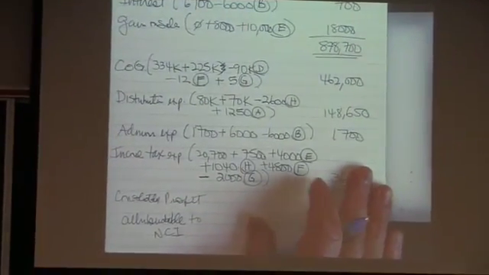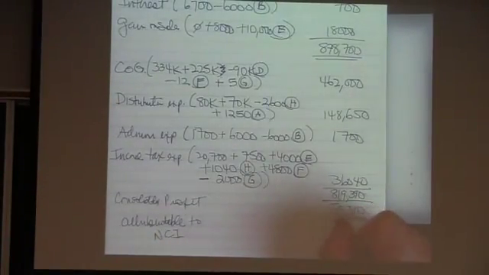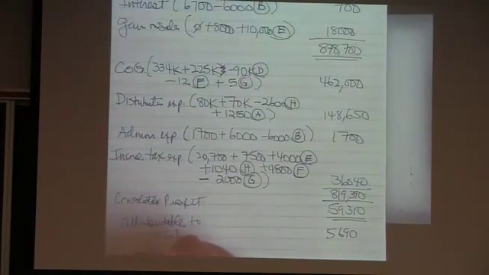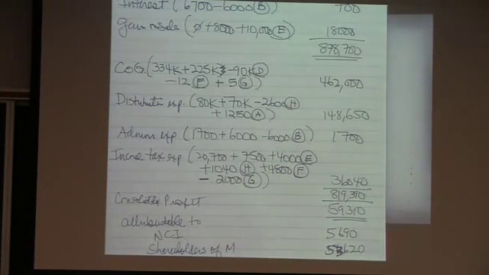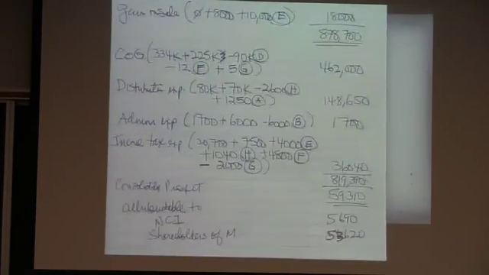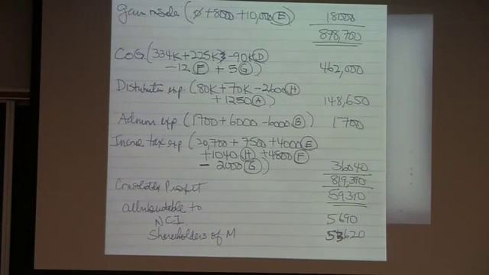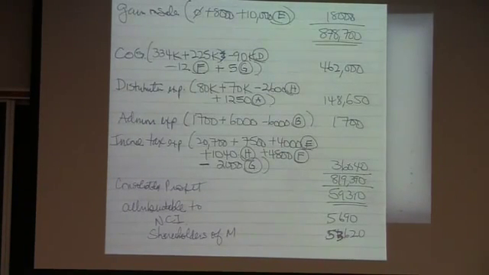And that calculation gave us 5,690. And shareholders of M would be the difference between the two. That's 53, sorry. Okay? So that's essentially how we do the consolidation. Thank you.